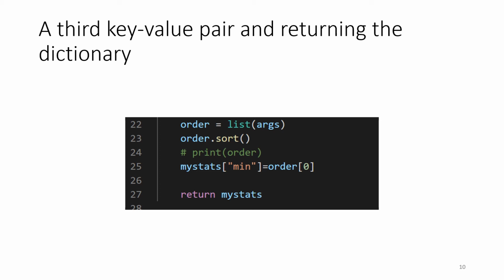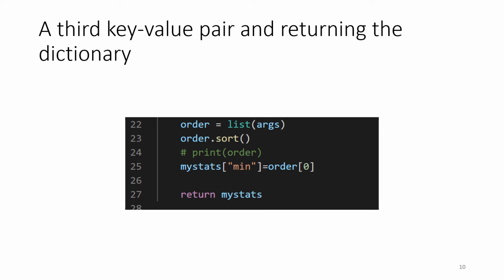So we took our iterable args and we are casting it as a list. So in that we are calling order. It's not yet ordered, but it's going to be ordered. And that's what we're doing in 23. So we are taking the sort method of order and putting them in order. And then finally, we are taking the 0th, the first element of order, which has been sorted, and so this will be the smallest, the minimum value.